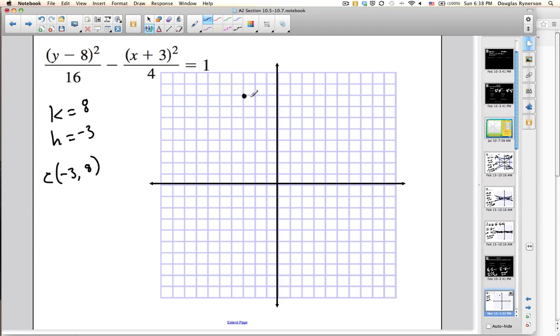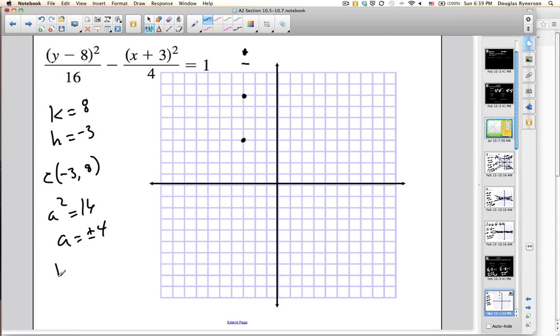There's my center. Okay, now, this is vertically oriented because the first fraction has y in the numerator. I know that a squared is equal to 16, so a will be equal to plus or minus 4. That's the distance I move from my center to my vertices. So I'll move up 1, 2, 3, 4, and down 1, 2, 3, 4.